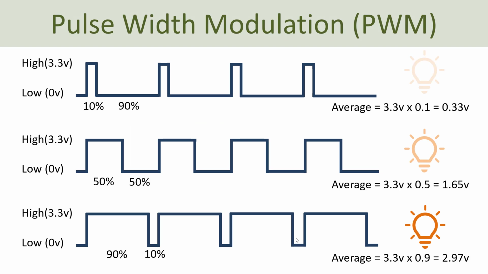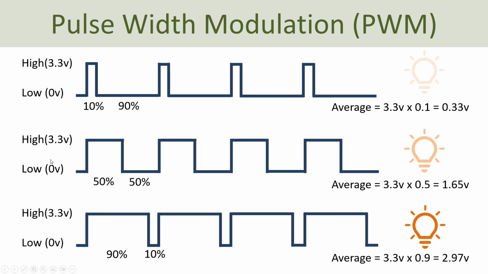Here you see 3 specific examples. In the upper example, the pulses can be either 0 or 3.3 volts. So we have low and high, and in this case the amount of pulses that are high is 10%, and the amount of pulses that are low is 90%. So this means we have an average of 0.33 volts, and this means the brightness of the LED will be low.